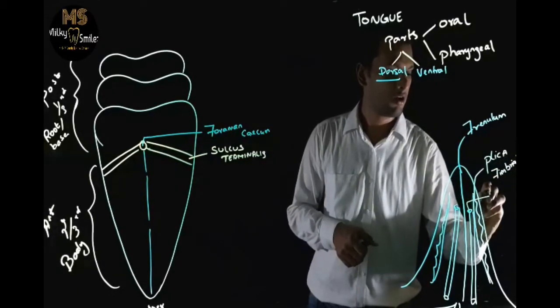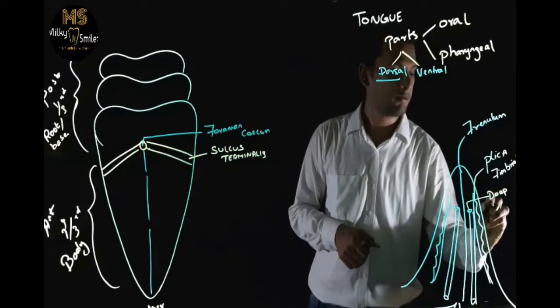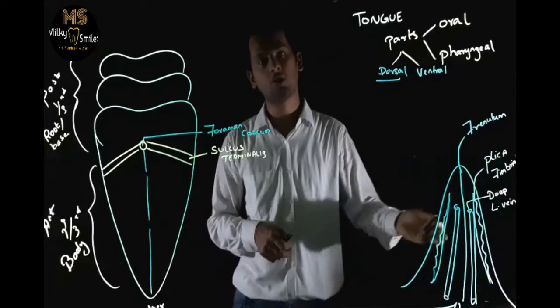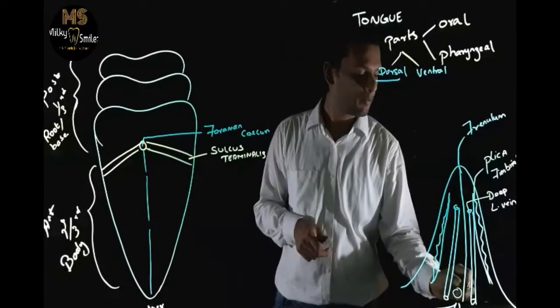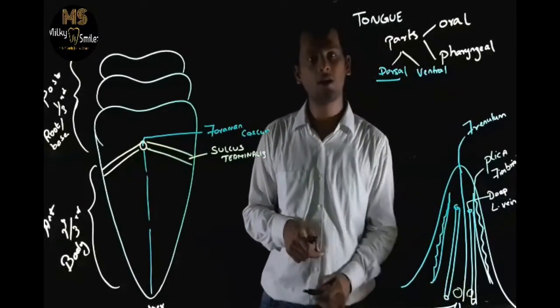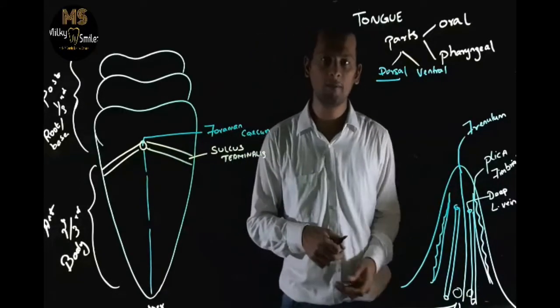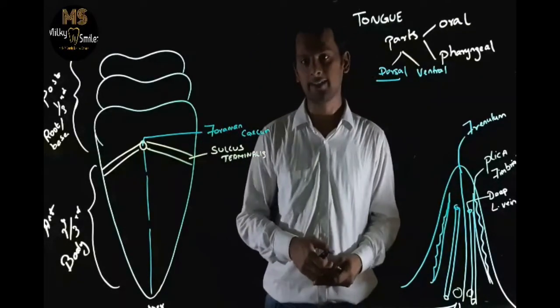And your deep lingual vein. One more thing that we have to see here is that on either side of the frenulum we have the opening of your submandibular duct, which helps in drainage of your saliva.